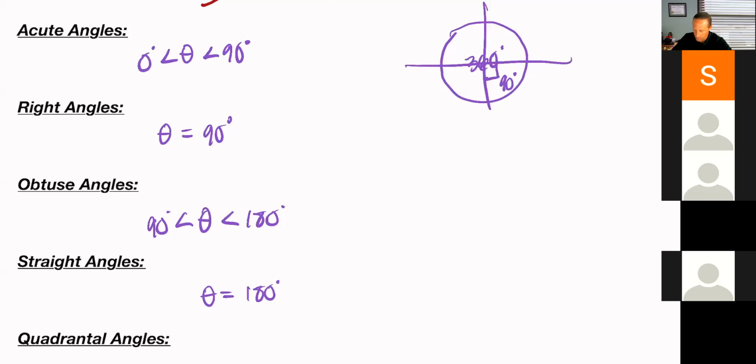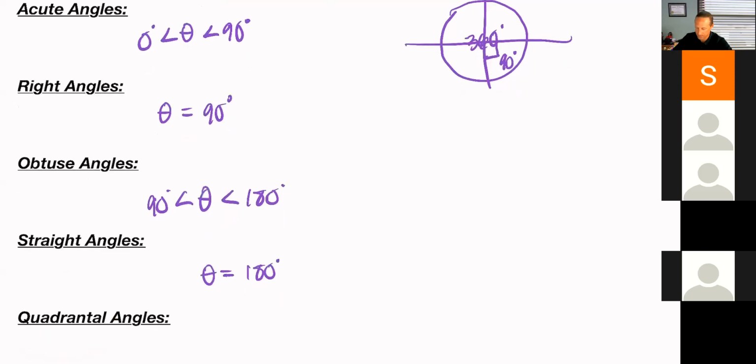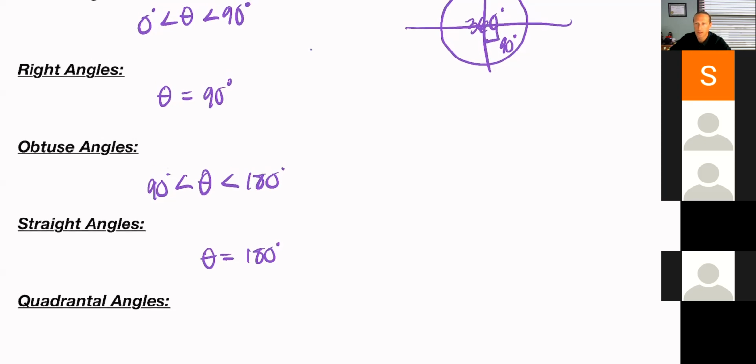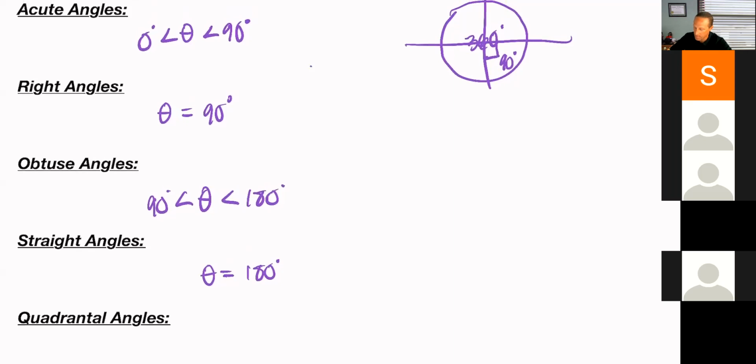Awesome. So what do you think quadrantal angles are then? Angle greater than 180. Great comment. I like that you're trying to figure out, well, let's just keep going, right? Let's just keep going all the way around. Well, we actually stop here. And here's why. Anything more than 180, I don't have to go and get.